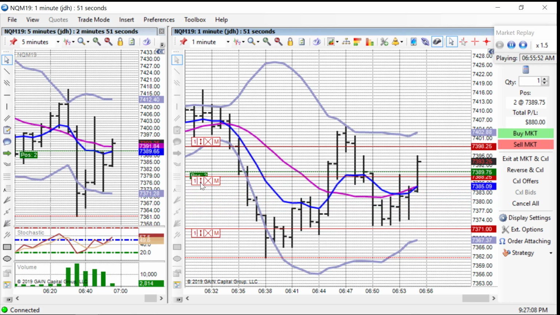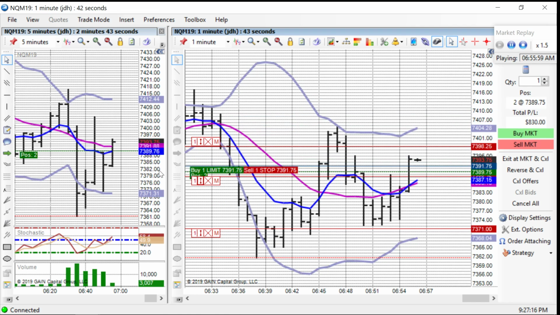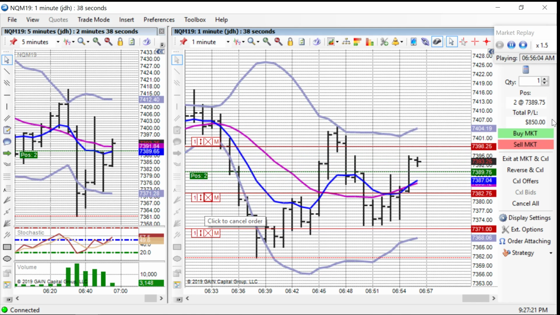But what I'm showing here is if you've got enough capital, you can add on a trade. So now I'm in a two contract position, and I'm keeping the target on one. Watch what happens to that average position line when that target's hit.